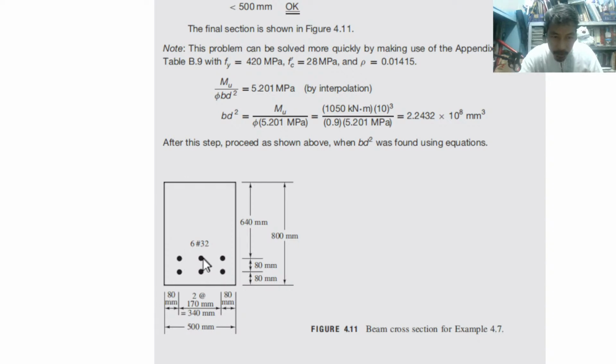So at the middle we have these bars. So 80 mm concrete cover, so another 80 mm second layer. Okay, so that is how you have to label your answer. If not, your answer would be incomplete.